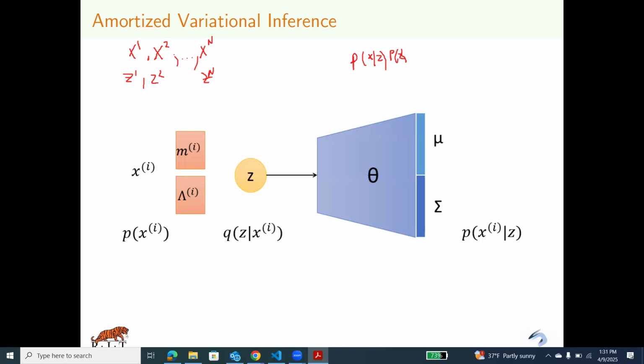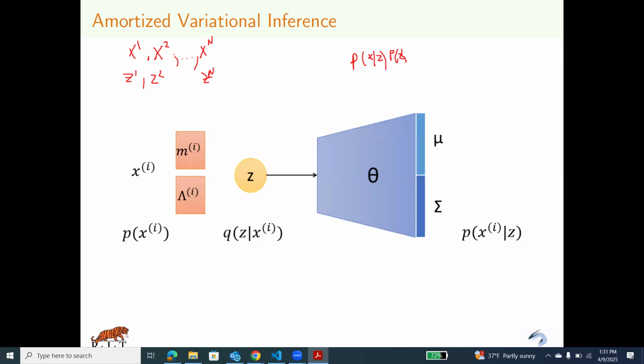But if we have thousands of images, it means that we should learn thousands of these parameters times dimension. And if we have a new image, we actually won't have these parameters at all. So the second idea is to substitute these parameters with another neural network.